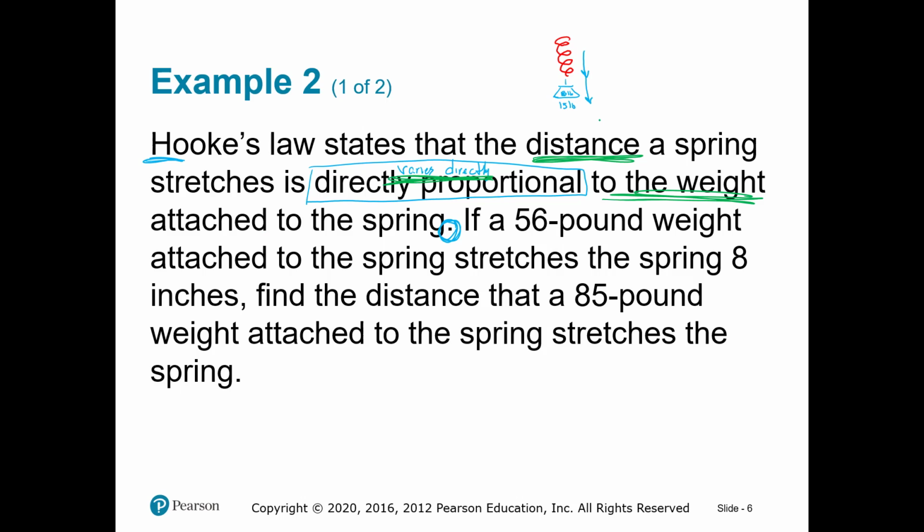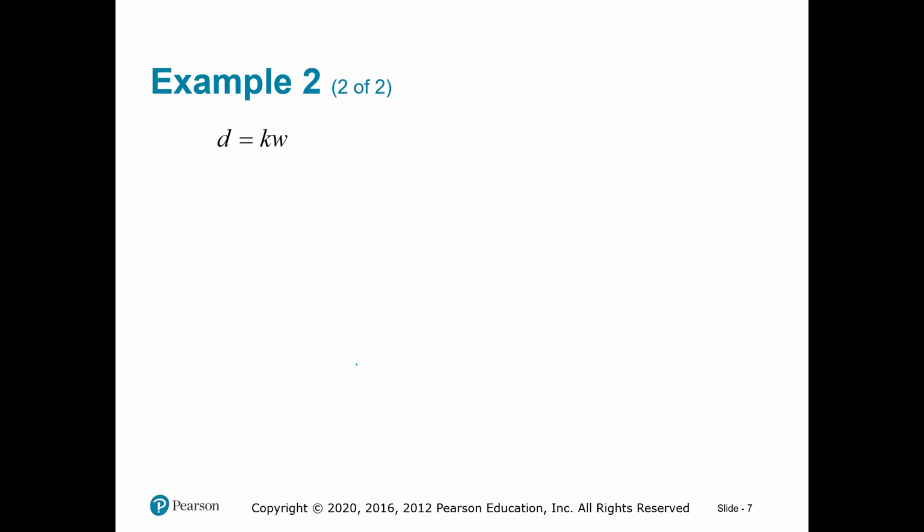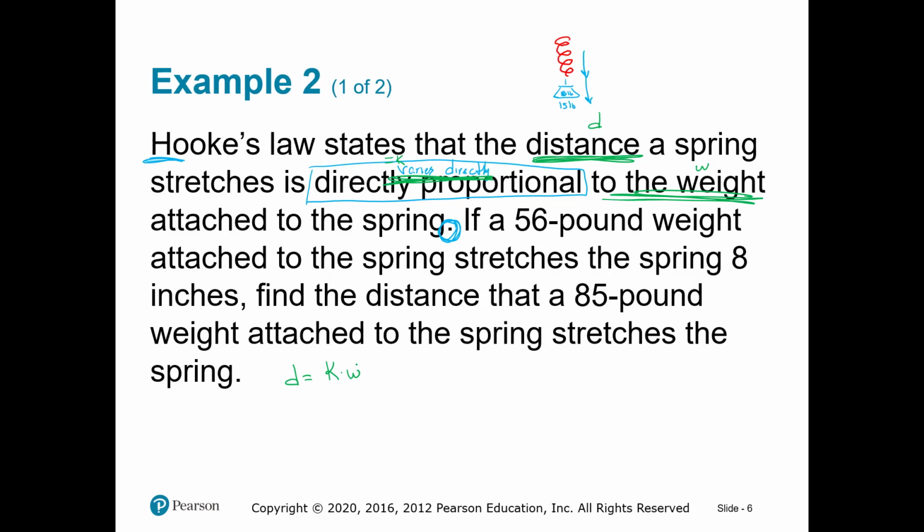So how about we use D for distance, W for weight, and varies directly means what again? Yeah, equals K, varies, and then times. Good? Okay, so what I'm seeing is D equals K times W, right? D equals K times W. Yay, they agree with us. Cool? All right, let's go back to the problem.